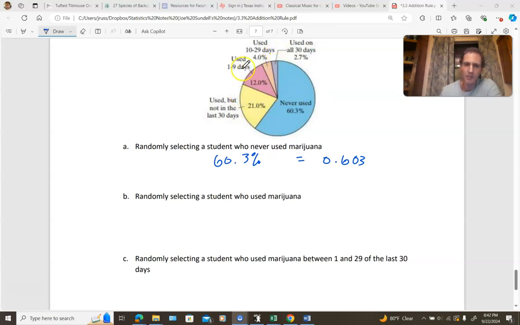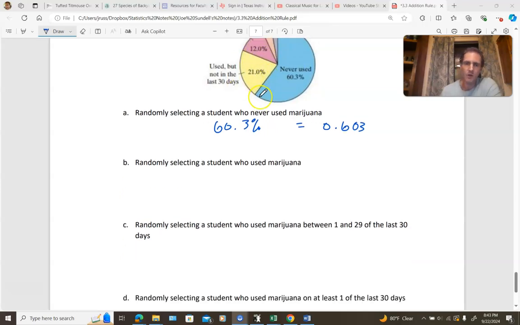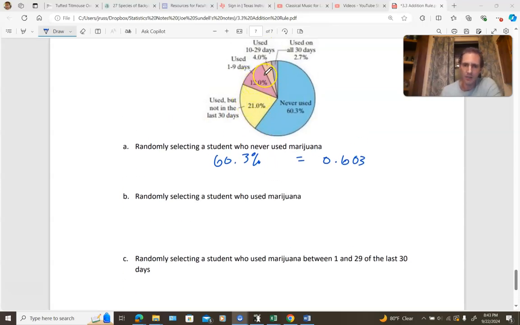And because of the way they have it laid out here, all these events are mutually exclusive. 12% used within the last 1 to 9 days, 4% used within the last 10 to 29 days. So see, these time periods don't overlap. So you're really just adding up all these individual probabilities.